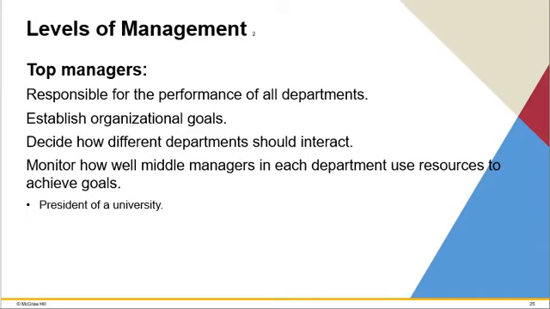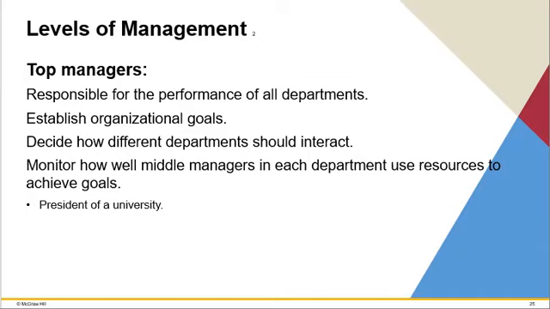Okay, siapa ni top managers ni? Okay, top managers, they are responsible for the performance of all departments. Kalau tadi middle manager, dia pun supervisor saja ataupun the first line managers.